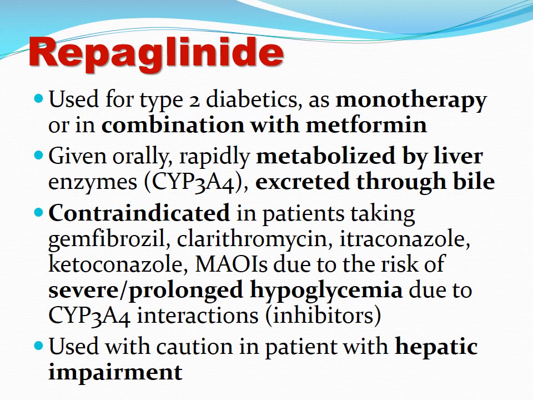Repaglinide is used for treatment of type 2 diabetes as monotherapy or in combination with metformin. It is given orally, rapidly metabolized by the liver enzyme cytochrome P3A4, and excreted through the bile.